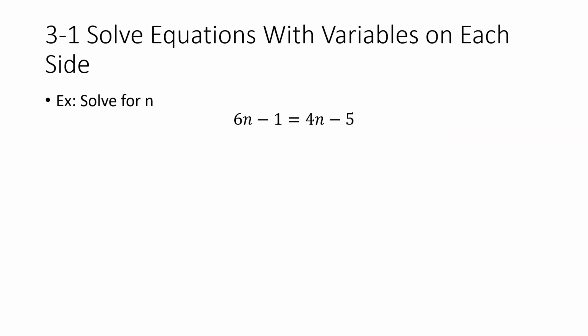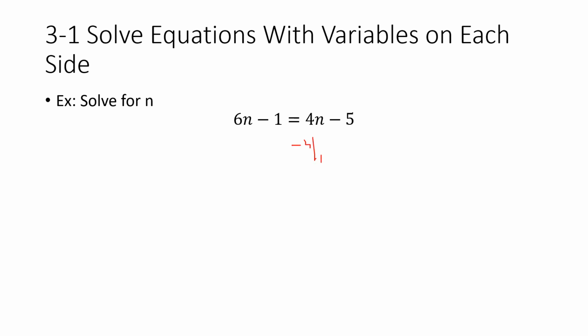So here's another example that I'm going to walk you through, but I want you to try the next one, the check problem, on your own. So here we have 6n minus 1 equals 4n minus 5. Just like in the last one, you're going to want to combine your like terms using inverse operations, and I'm going to do the exact same thing.